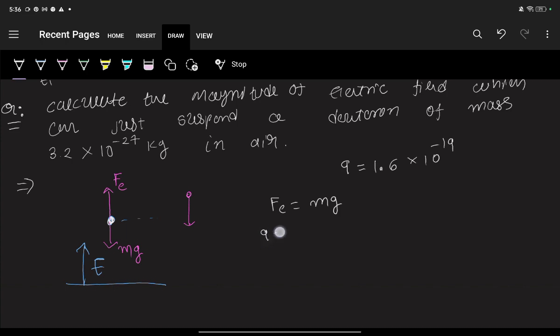And what is Fe? It is QE, and we need to find the electric field.